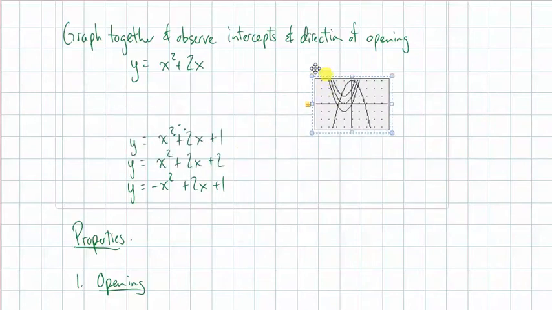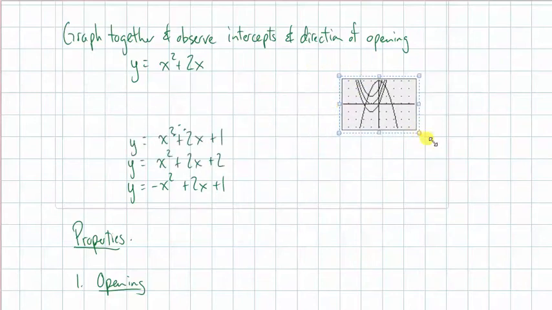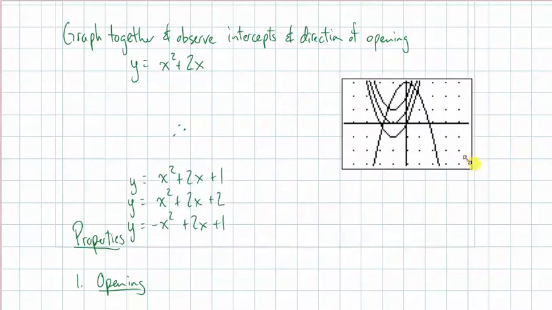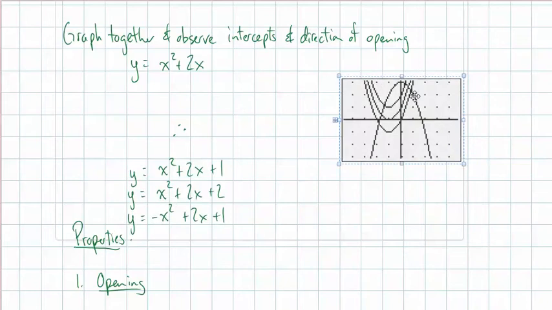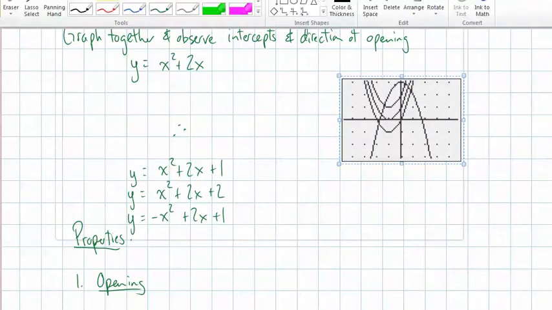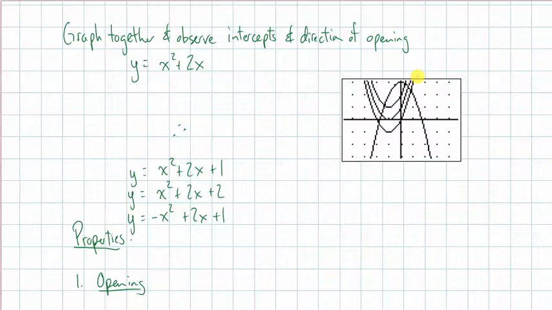And I'm going to resize it a bit so we can see a little more clearly what's happening. All right. So the graphs, this was the first one, the second one, the third one, and this was the fourth one in our list. I'll number these as well. 1, 2, 3, 4. There we go.